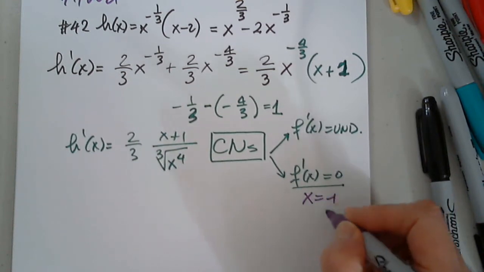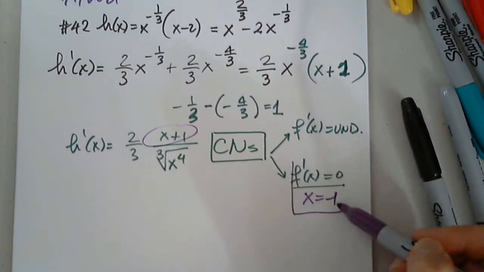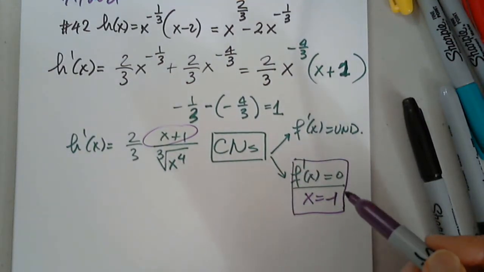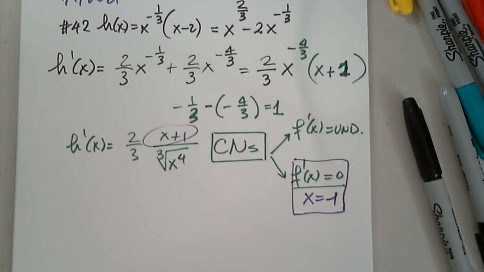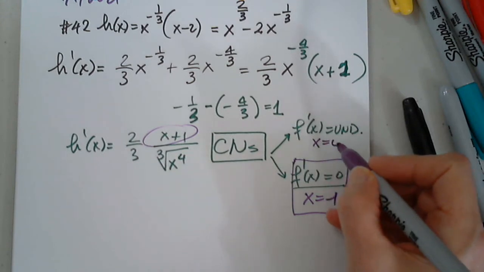Very good, awesome. Indeed, a fraction is 0 only when the top is 0, so that's how we get negative 1. Perfect. Can anyone give us the other option of undefined? When x is 0. Very good.